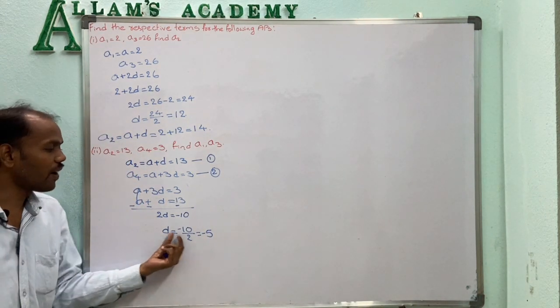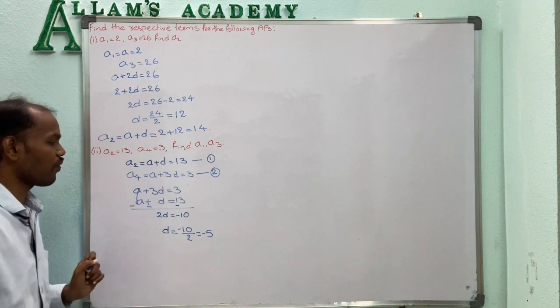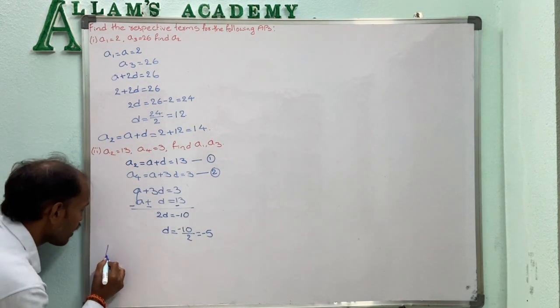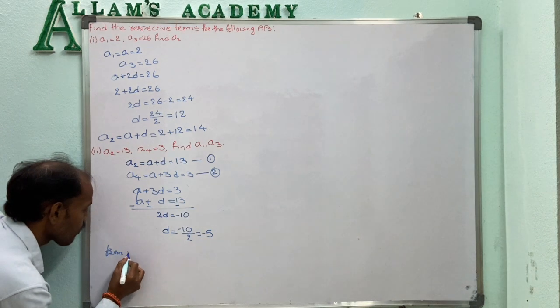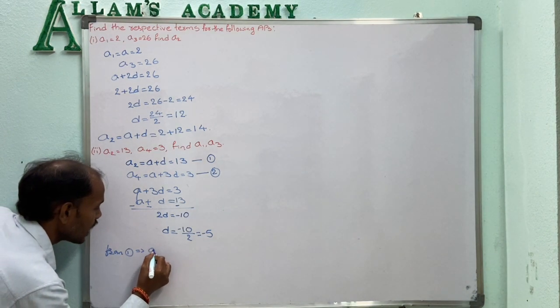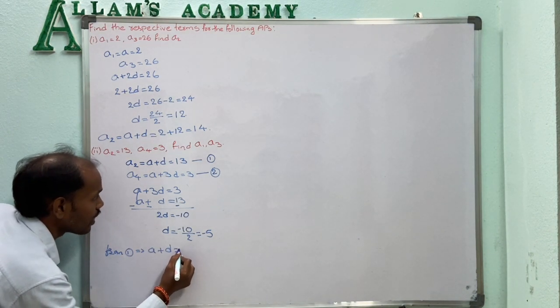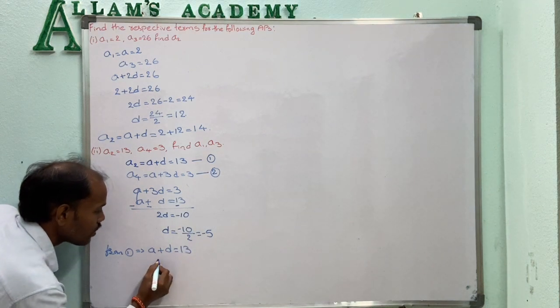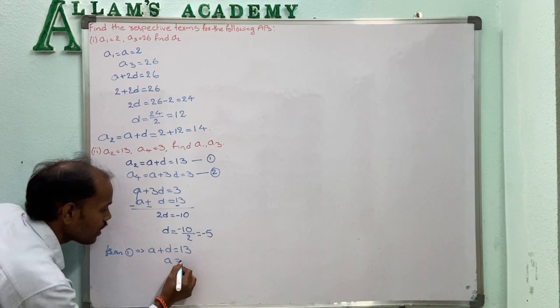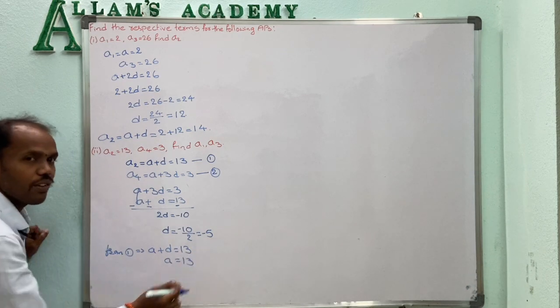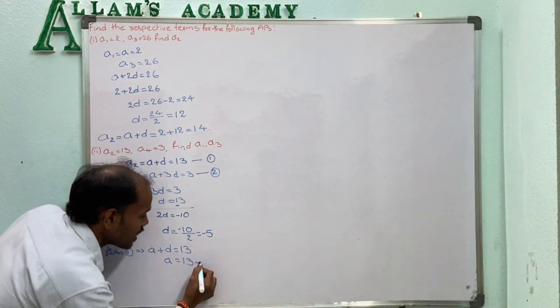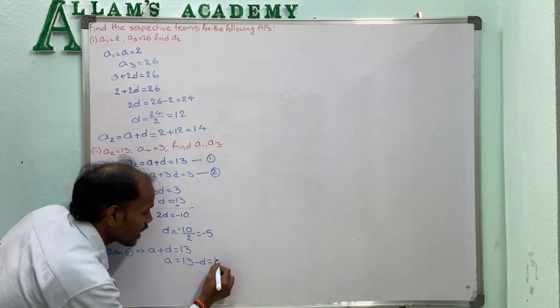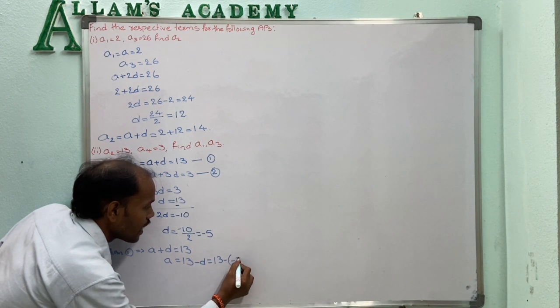Now the d value minus 5 substituting in the first equation, a plus d is equal to 13. Now a equal to 13 plus d; transferring to that side, minus d, that means 13 minus of minus 5.